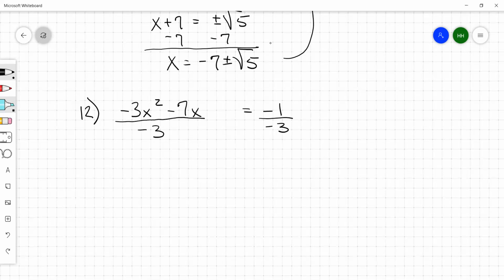We're going to get this 3 out from in front of that x squared. On the left-hand side, we're going to get x squared plus 7/3 x equals 1/3.